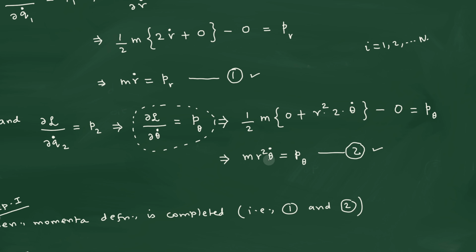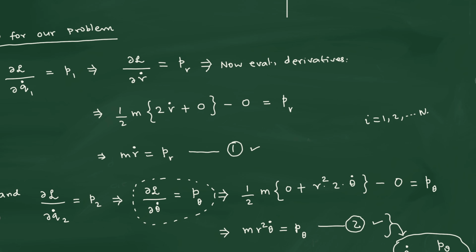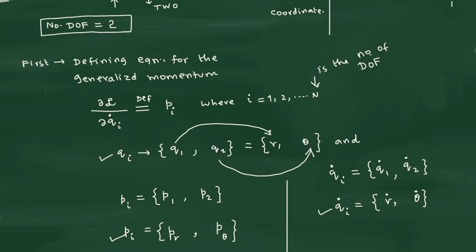So that is the meaning. You see this one. From here, what will you get? What can you write down from theta dot? So theta dot can be written as p theta by m r square. When you use this substitution, you will have to substitute this expression in the original Lagrangian. So where is the original Lagrangian?